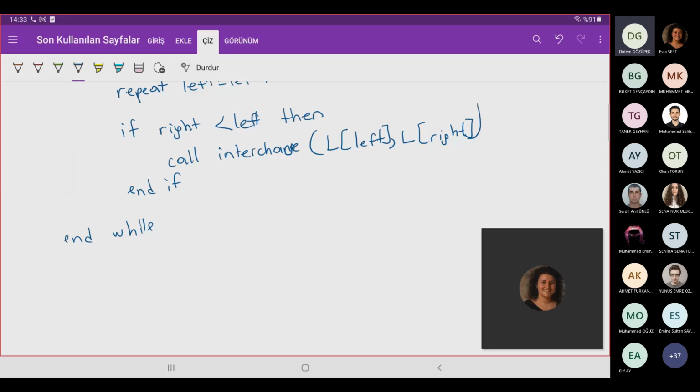And while now we are continuing the pseudocode. This is just the end of the while loop.